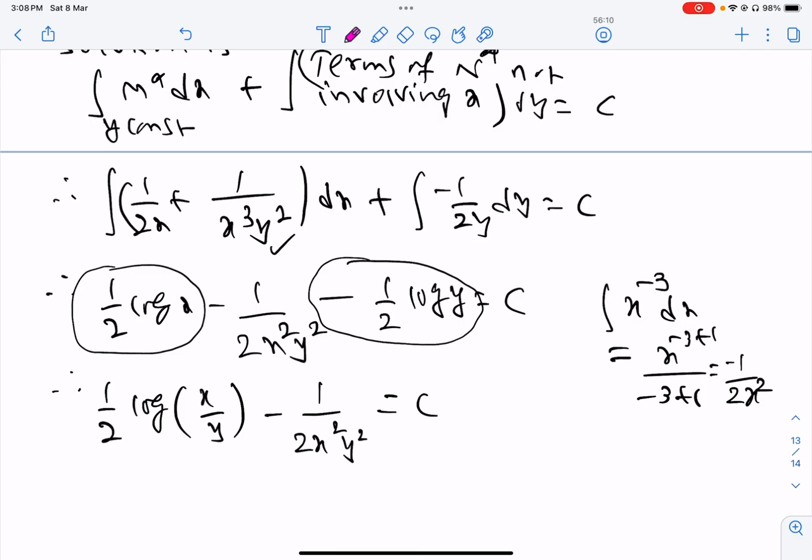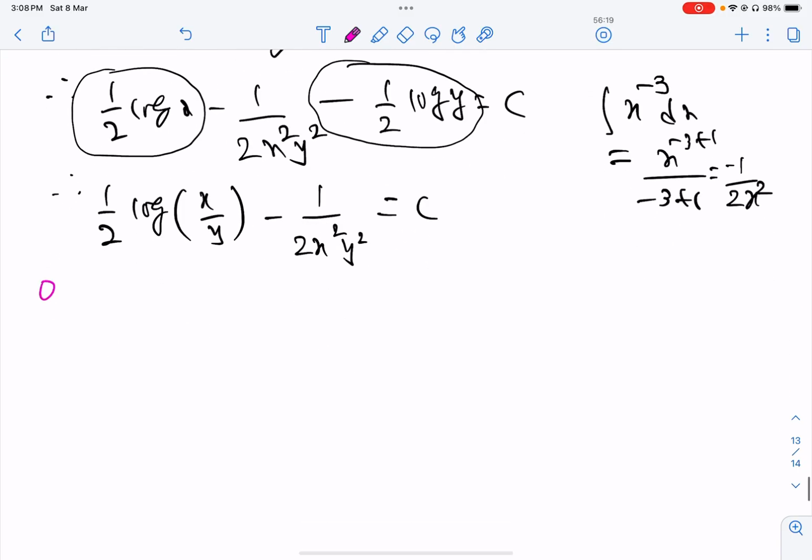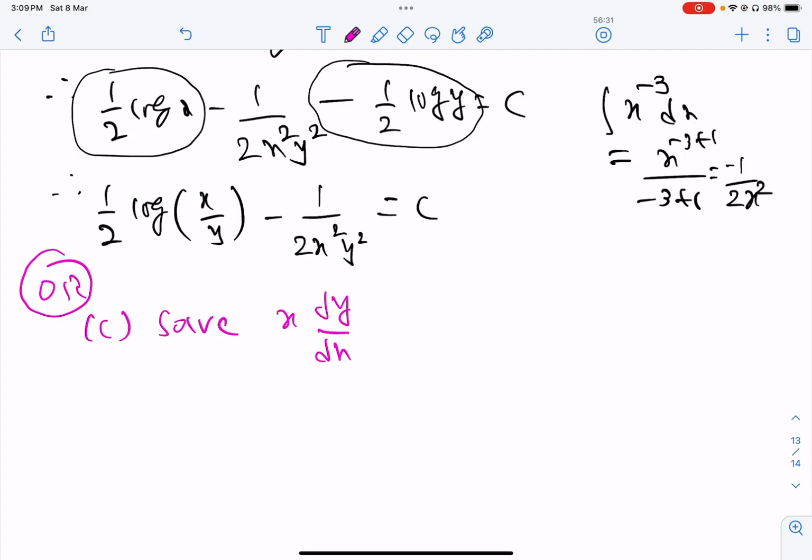And there is also one more question, so let us solve that also. Solve x dy by dx equal to y square plus y.